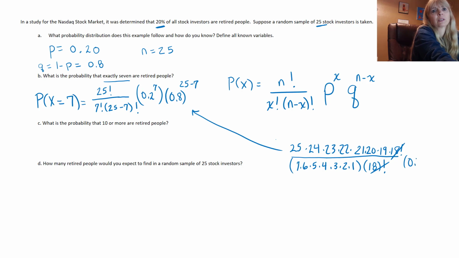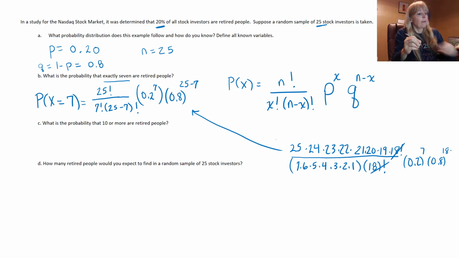And then still times 0.2 to the 7th, 0.8 to the 18th power. If you're having to do this in the classroom, you could probably type these numbers in pretty quickly, but there are things I can do: 7 into 21 is 3 times, 5 into 24, 4 into 24.